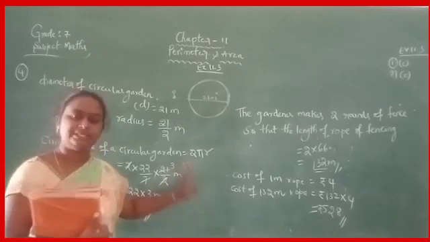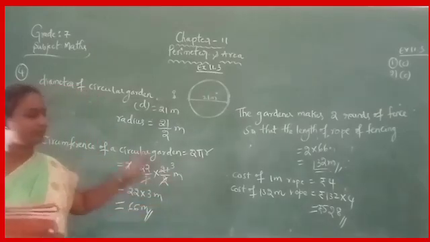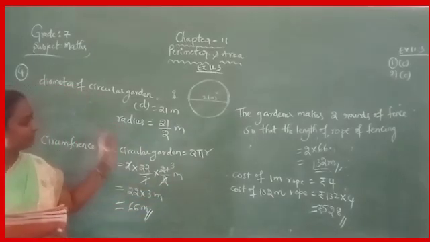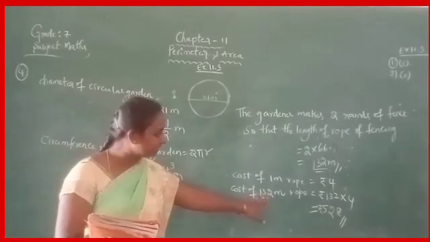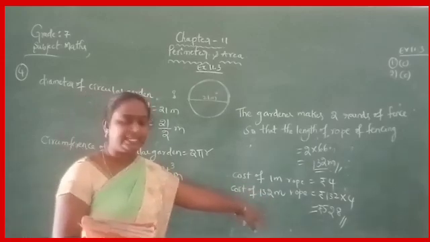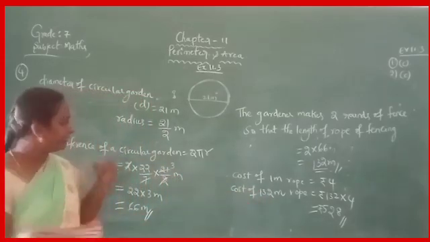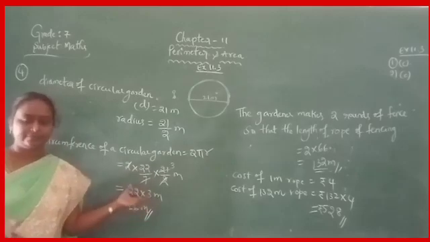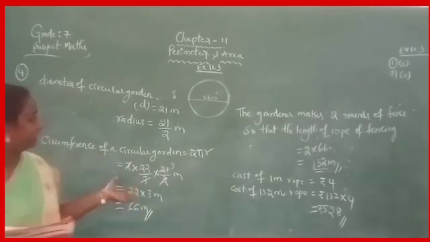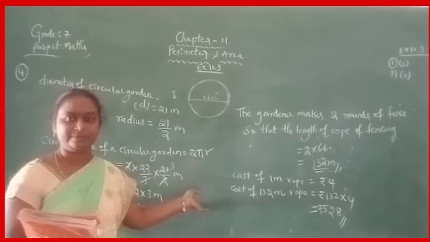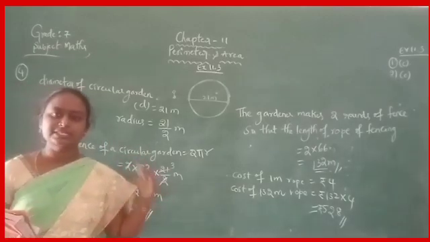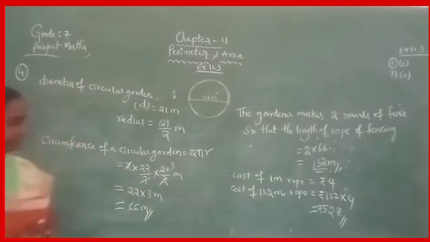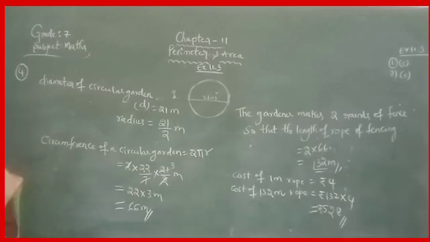So the gardener needs 528 rupees to purchase 132 meters of rope. In our daily life we see such types of problems. At that time we can use this formula. First, fencing means compulsory find the circumference. Very good. Children, copy that.